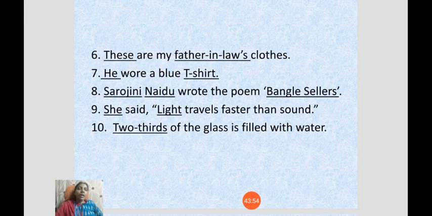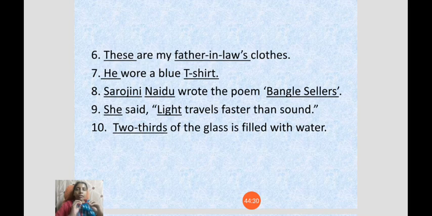"She said, 'Light travels faster than sound.'" So the sentence begins with the letter S. Okay, so S we have written in capital. Then in the quotation marks, the sentence should be written with a capital letter.